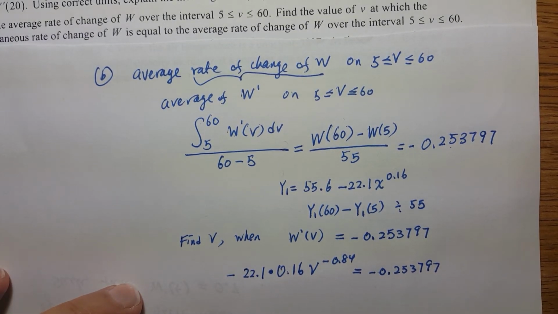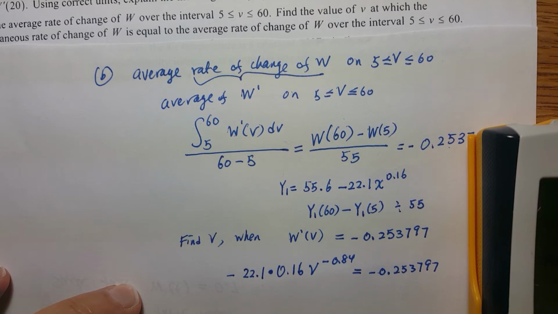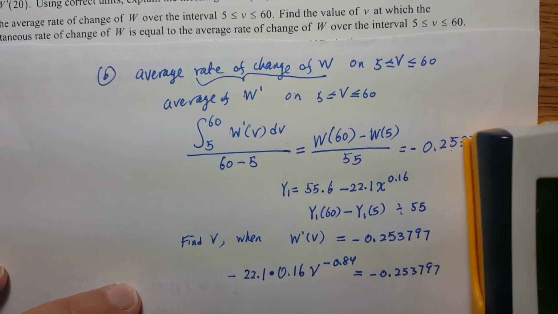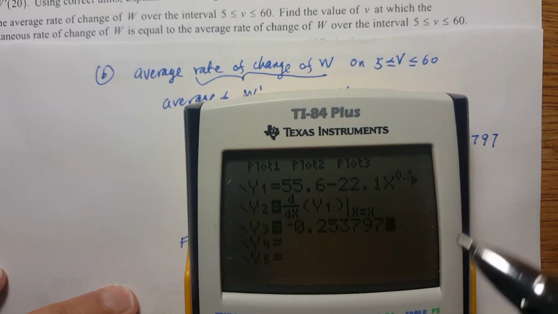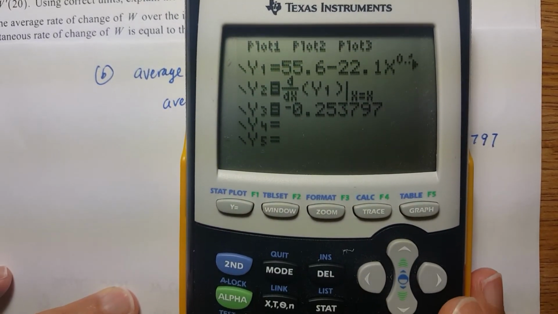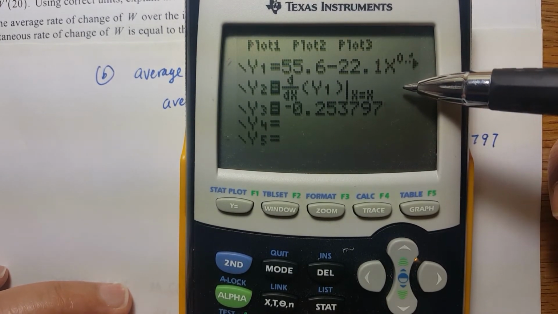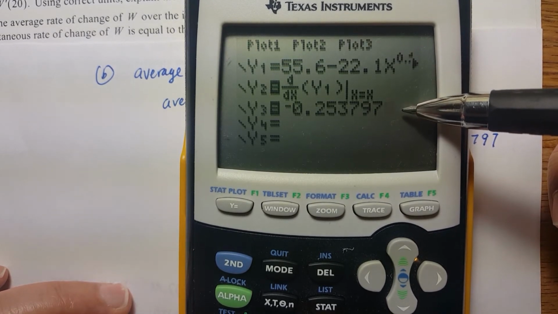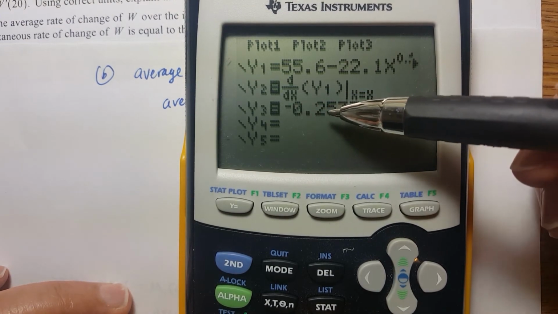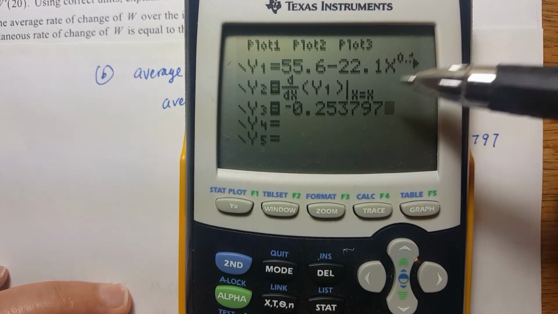So let's refresh what we did before. I already made my y1 equal to W, and then I'm going to make my y2 equal to the derivative W prime. And then this is going to be the right side, the negative 0.253797.